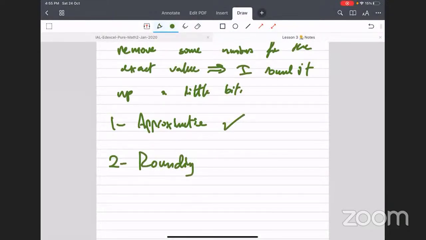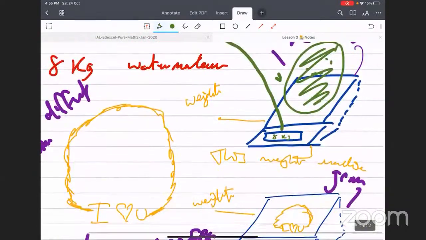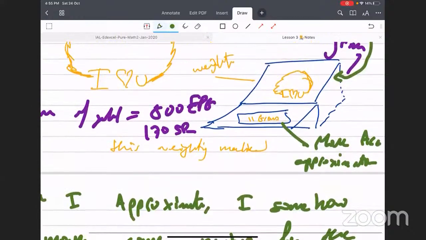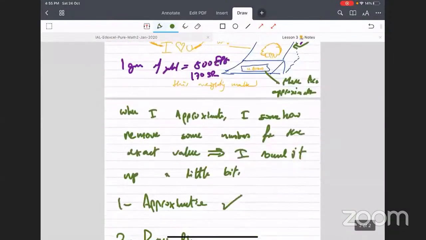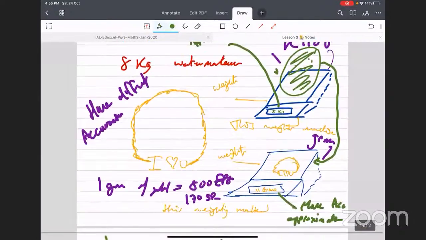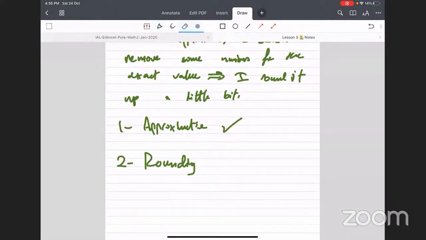Back to the watermelon example, if we took the watermelon and weighed it on the golden necklace machine, what would be the actual weight of the watermelon? It will be something like 8,011 grams, right?